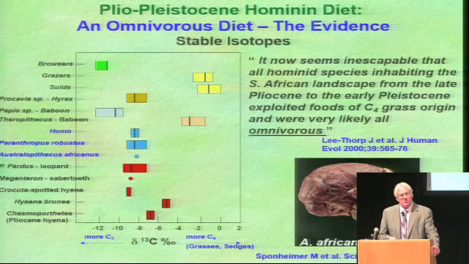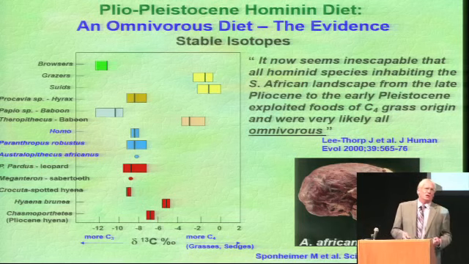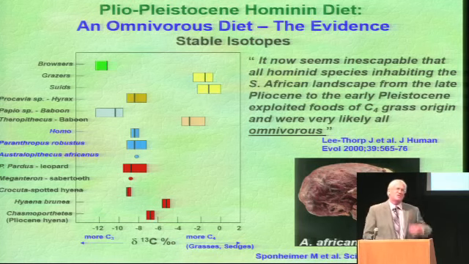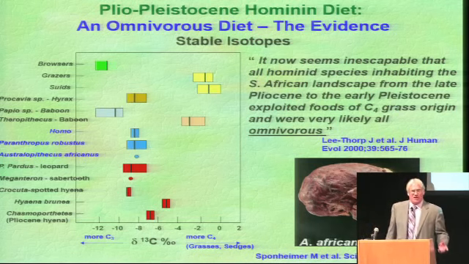The way you can break cellulose down is by evolving a large hindgut where you can ferment the cellulose. We don't do that. No primates do that, except for this baboon right here, Theropithecus. It's the only one that does it, and it ferments the grasses in the hindgut.